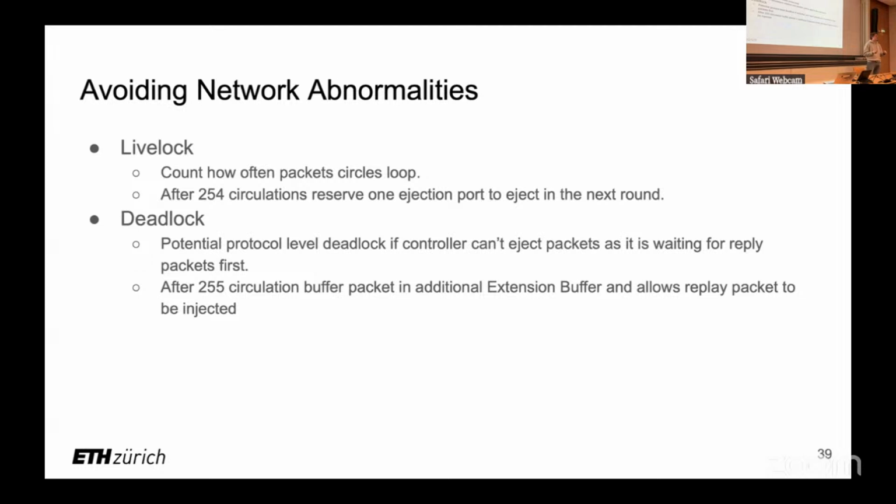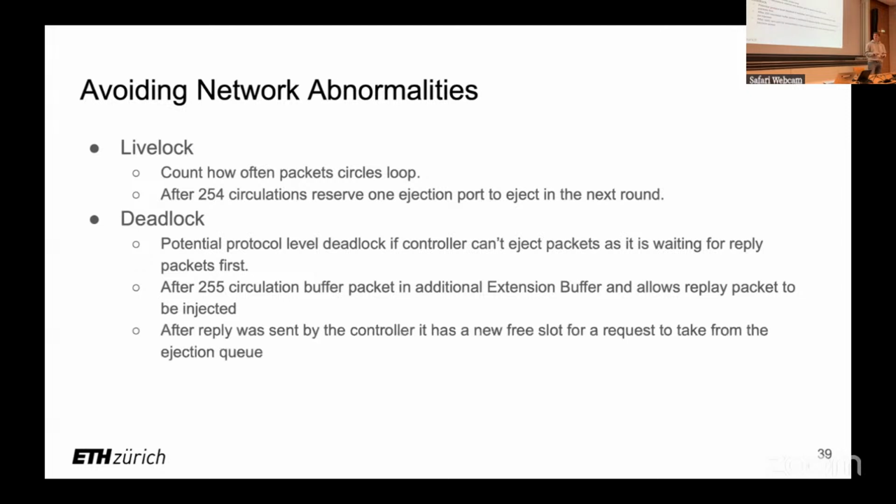Well, if you buffer one of them out, there's a bit of space. And in that space, you can put a reply to one of your cores. Since you've now replied to a request, you can take one more request, and you can put the thing you just buffered inside this additional buffer into your normal ejection queue. And this prevents this kind of deadlock.